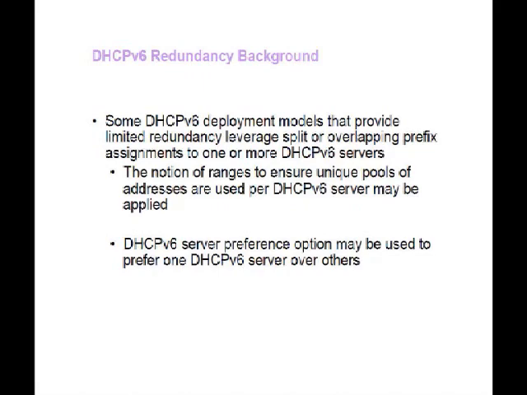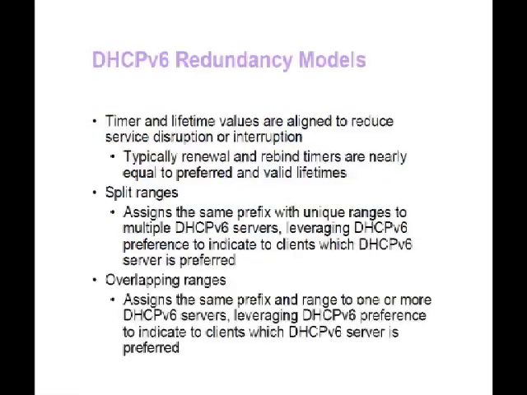We've taken the notion of ranges, which you'll see in some of the configurations here from the ISC DHCP server, where we've basically split prefixes and assigned them to one or more DHCP servers. We leverage the preference option sent down by the DHCP server.